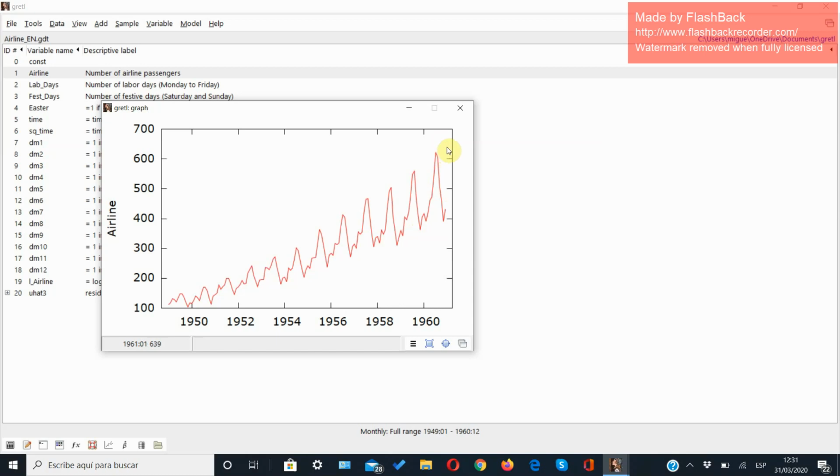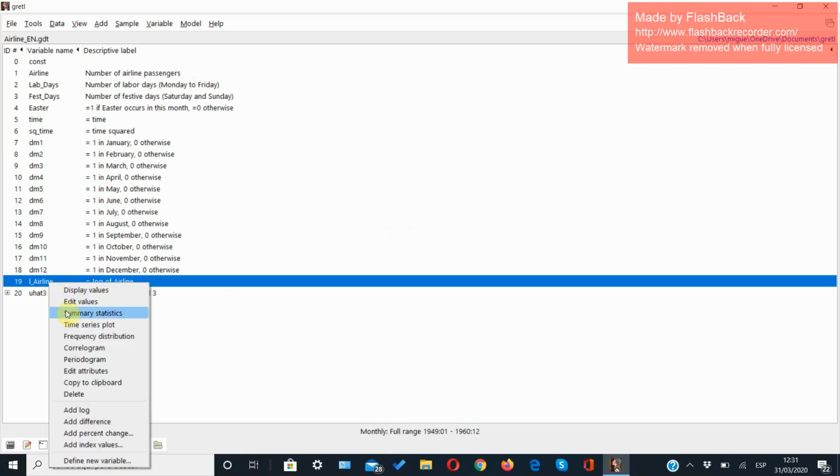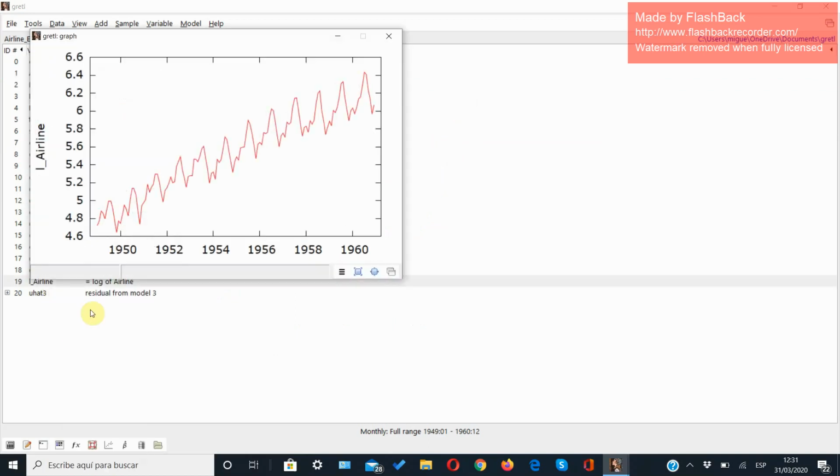So this will be the first issue that we will address: to stabilize the variability of the time series. As you know, by the theory lessons, you can do this by logging the data. So you have here a time series plot showing the log of the previous time series.